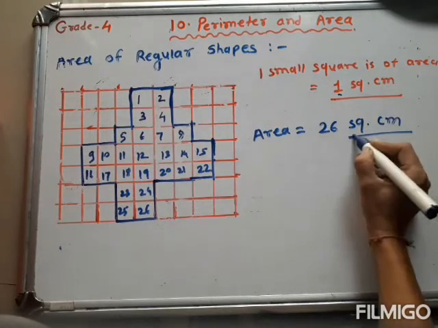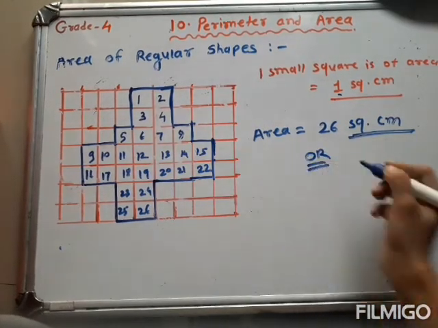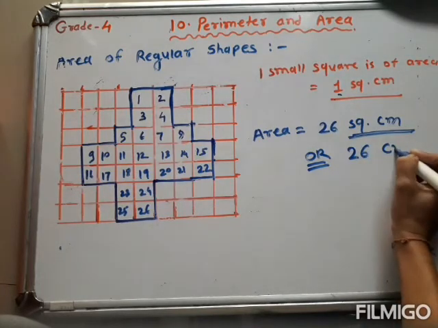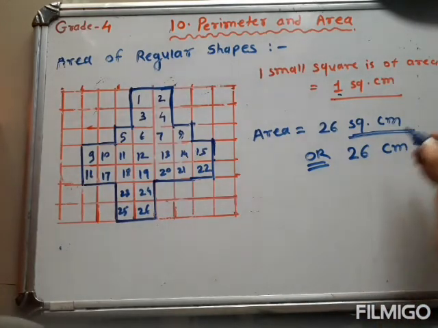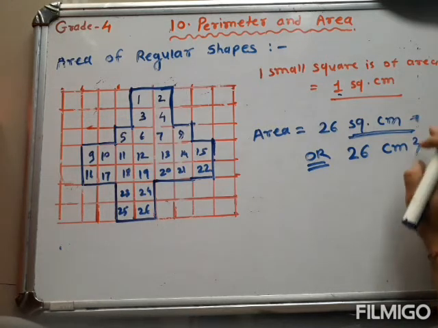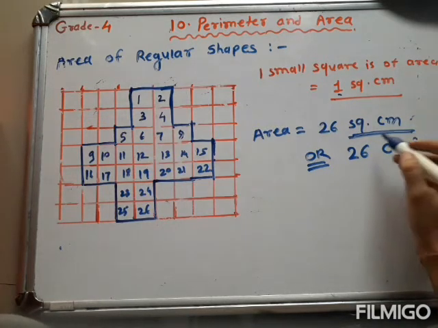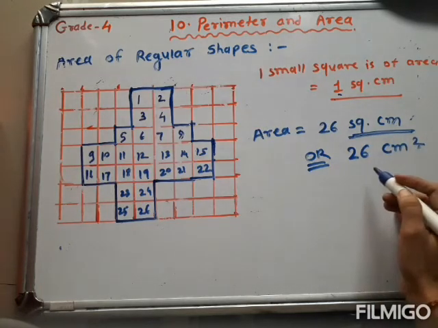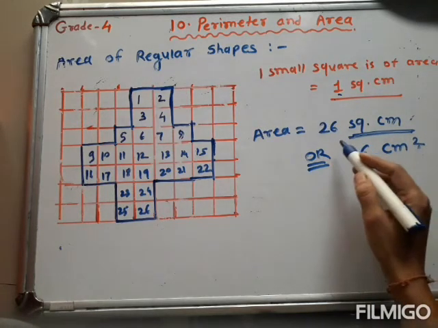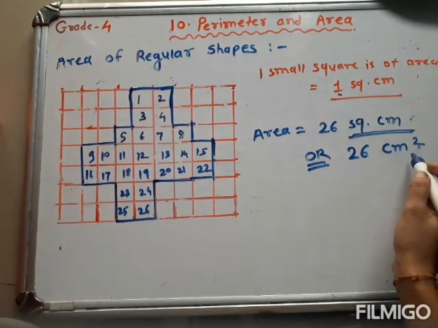This is the unit, and it is so important. Or 26 centimeter square. You can write it this way or this way, any type, but remember to write the unit. So the area of this figure is 26 square centimeter.